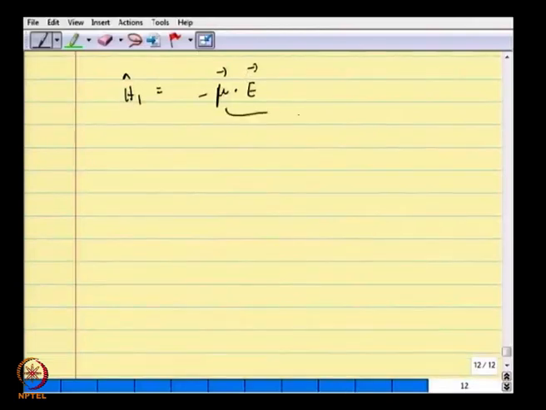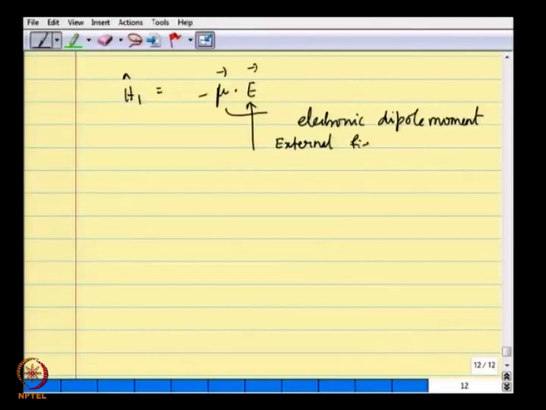This is the electronic dipole moment of the system, and E is the external field. The external field is treated as a classical quantity, and the dipole moment is the quantum mechanical operator.